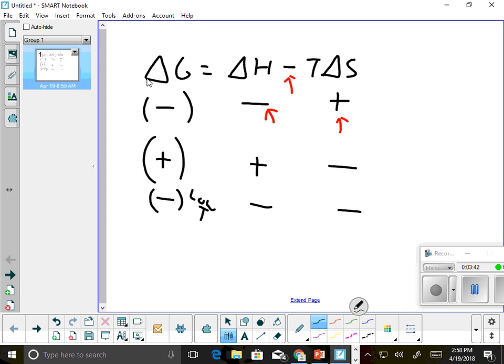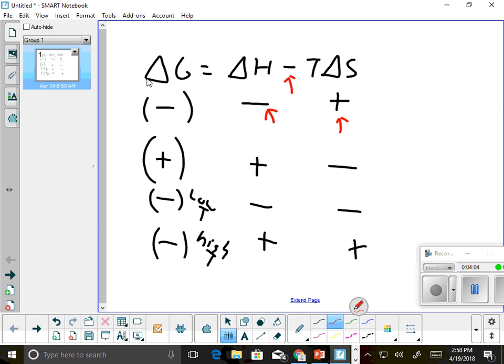Again, think about that mathematically. A negative minus a negative, as long as that second negative is small, it will work. The other way is endothermic with more disorder. In order to get that to be spontaneous at negative delta G, that can only occur at high temperatures.